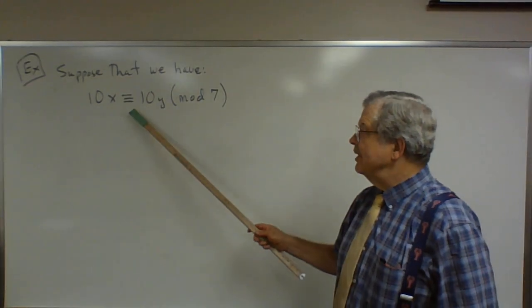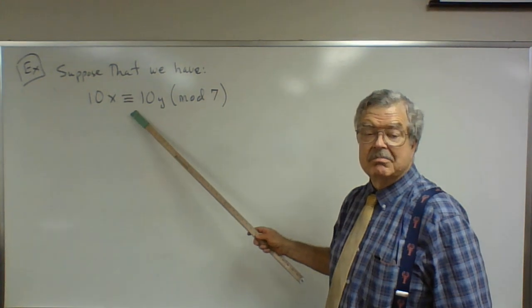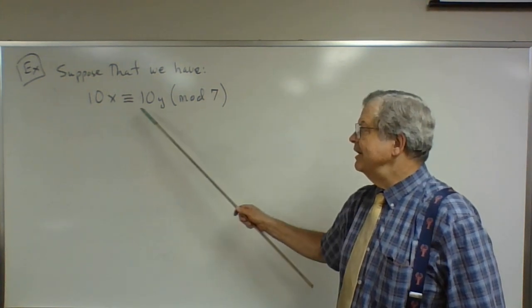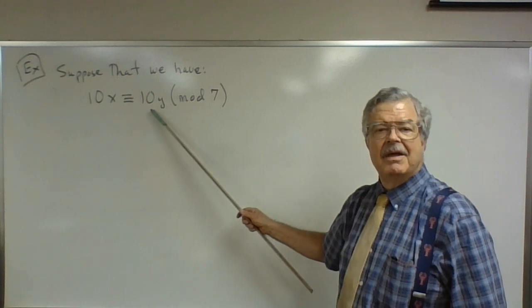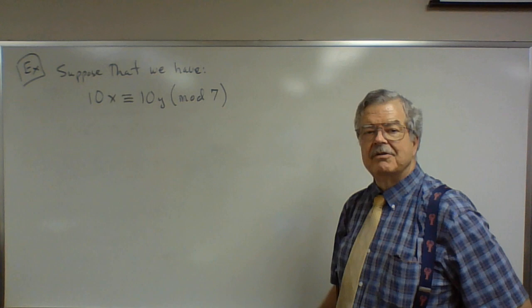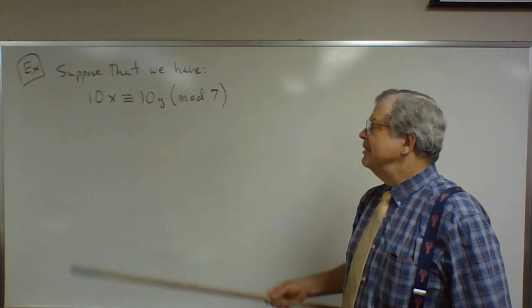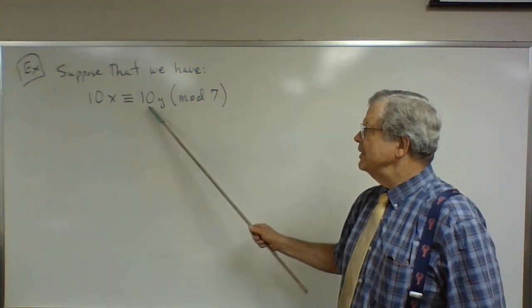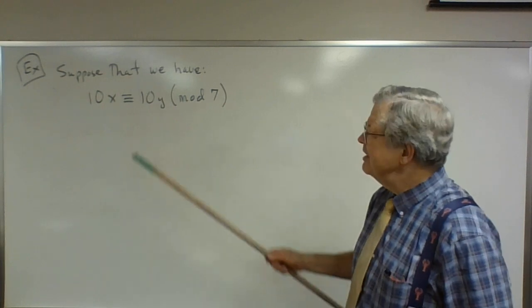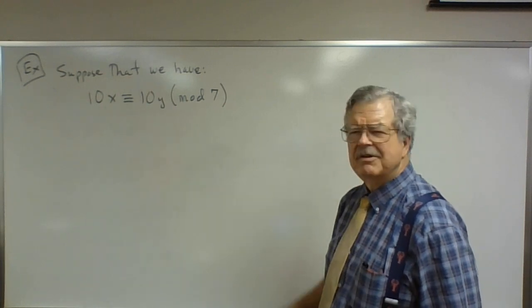Okay, here's one where we can't really just take this number here and this number here and determine if it is a congruence, because we really don't know what x is and we don't know what y is. Can we cancel the 10s from both sides of this congruence?